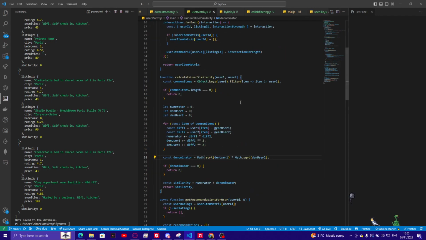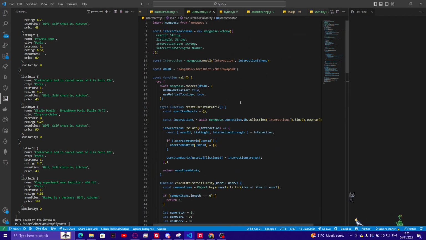And then for this one, I implemented it using collaborative filtering, which is based on the idea that users who've shown a similar interest in the past are most probably going to share the same preference or the same interest again in the future.